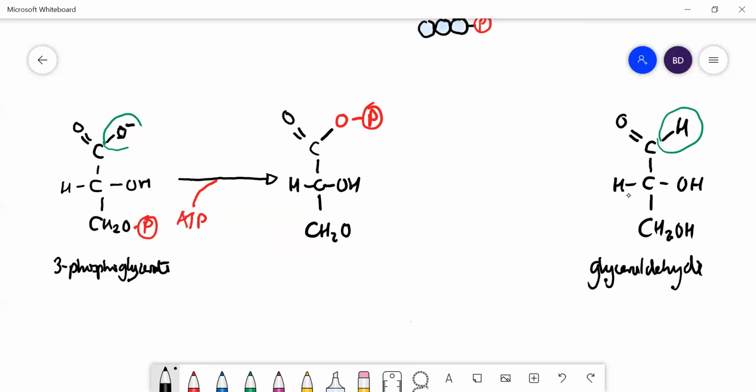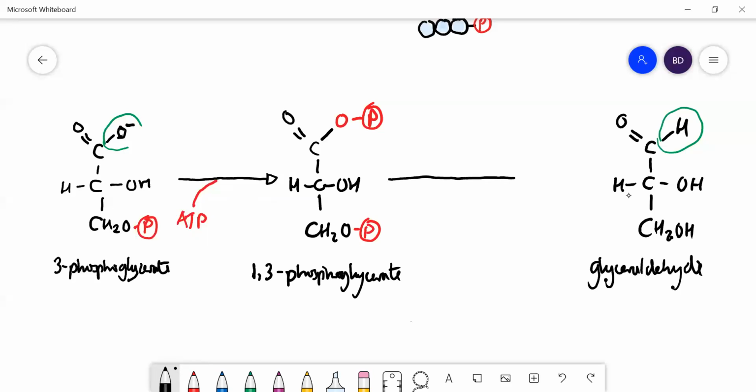That would be called 1,3-bisphosphoglycerate, because you've got two of them, on carbon atom number 3 and number 1. So we haven't reduced it yet.